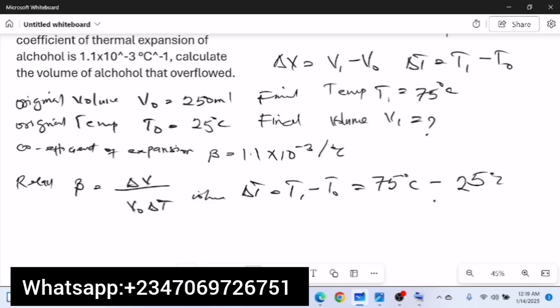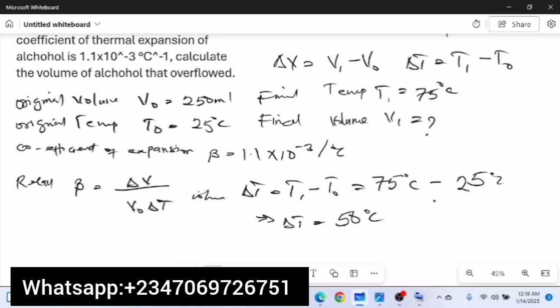Converting would really take your time. So the change in temperature is 75 minus 25, which gives us 50 degrees Celsius.